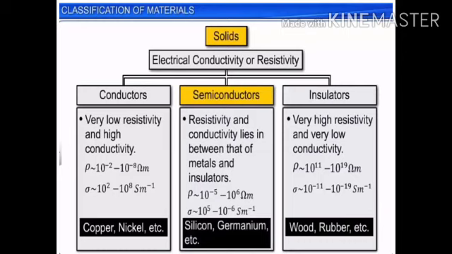If you increase the conductivity by decreasing the resistivity, then they can act as conductors. If you decrease their conductivity and increase their resistivity, then they can act as insulators. The common examples are silicon and germanium. They are most used in semiconductor electronics.